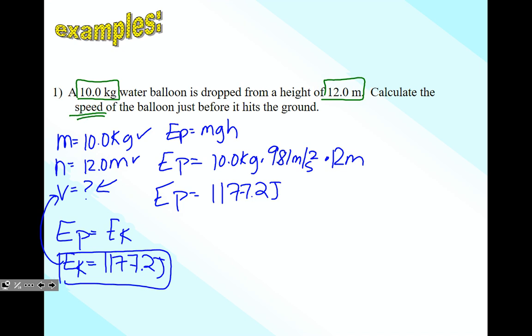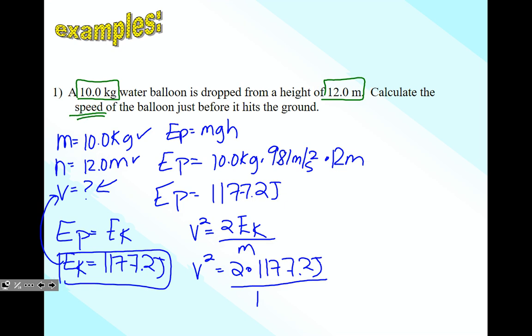So let's go ahead and manipulate the formula. v squared is equal to 2EK over the mass. v squared is equal to 2 times 1,177.2 joules over 10. v squared is equal to 235.44 meters squared per second squared.